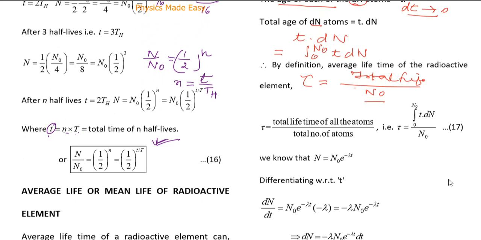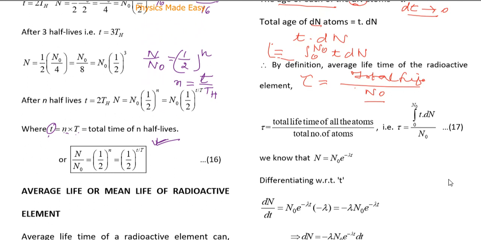The life of dN atoms is t into dN, and the life of N naught atoms is the integral of this from 0 to N naught. So this is the total lifetime of all atoms.